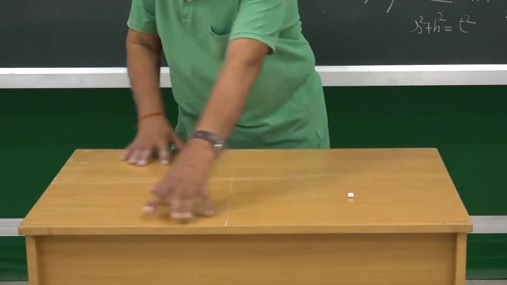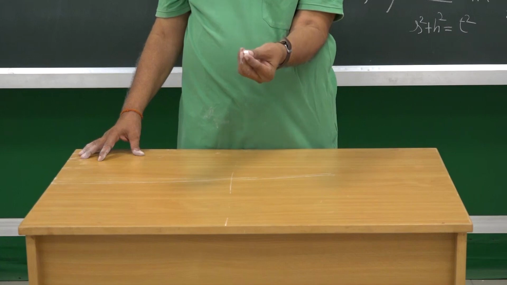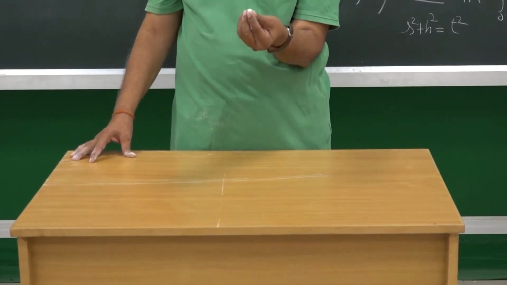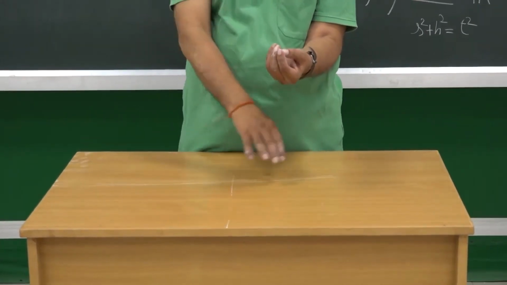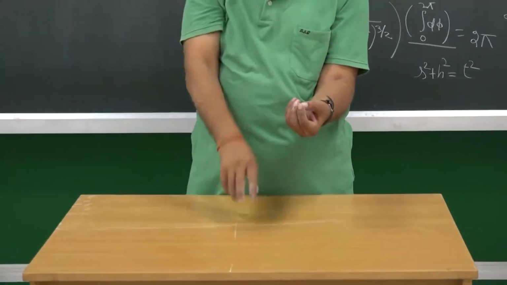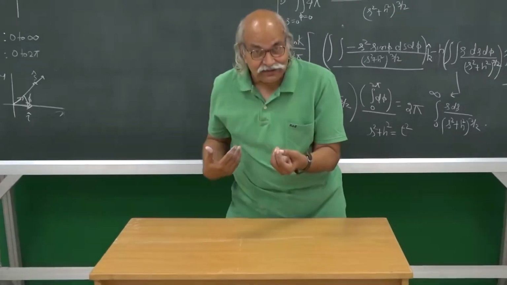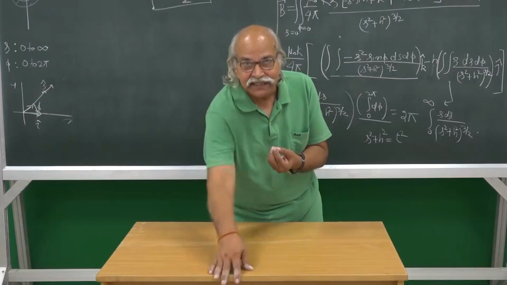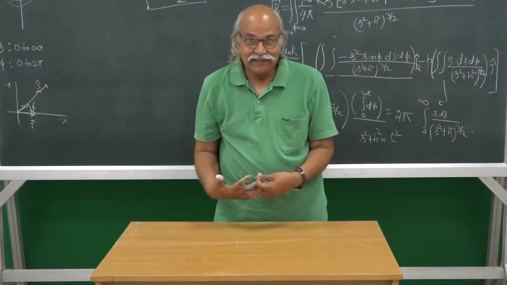Because of this current, I need the magnetic field here, and the magnetic field is in the minus j cap direction. k cap is vertical, the z axis is vertical. If I have taken this as the x axis and the z axis is vertical, then the y axis has to be on that side, not towards me. So, this is the y direction, this is the j cap direction, and towards me is the minus j cap direction.